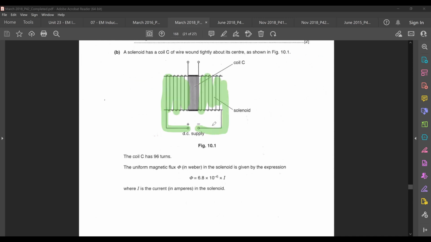If you imagine that current is flowing like this, it's going to produce a magnetic field or magnetic flux that probably looks something like this.